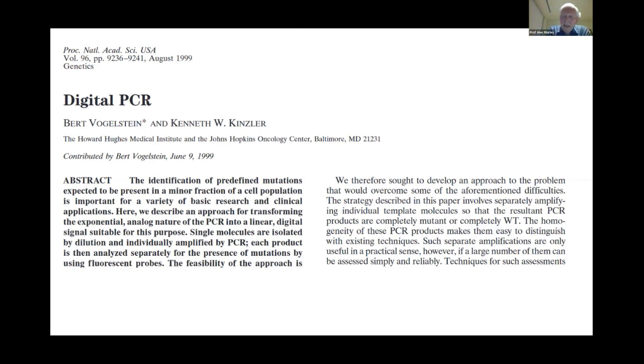So they used one of the two original strategies, the non-selective strategy of amplifying everything and then distinguishing what you get at the end. So it's not really the way that most digital PCR is used. But they recognized that their method could be used for quantification, and they used quantification as the ratio of mutant to wild type cells, which is not quite correct, but close enough.